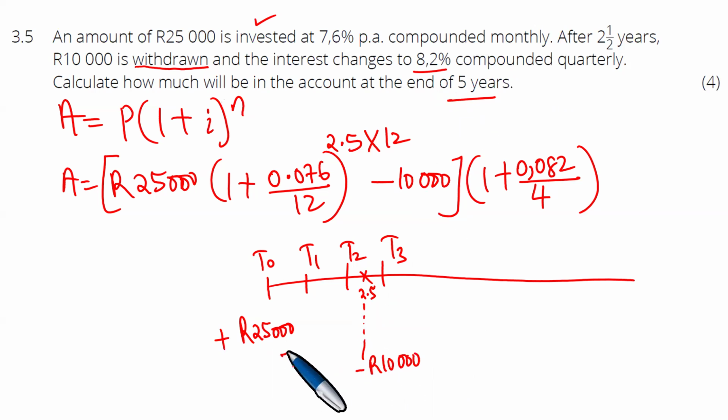And all along, it was 7.6% per annum. This becomes 8.2% compounded quarterly. Calculate how much will be in the account at the end of 5 years.